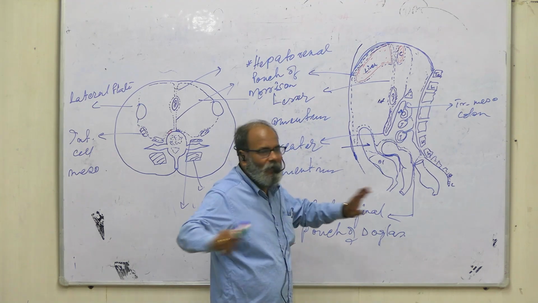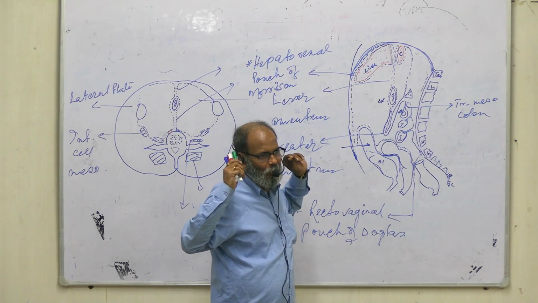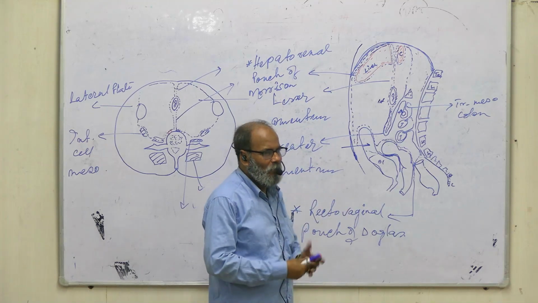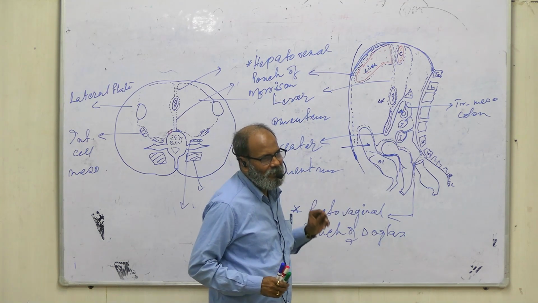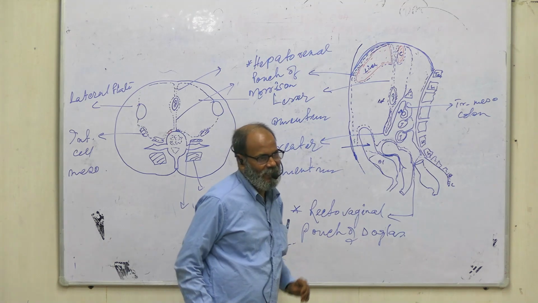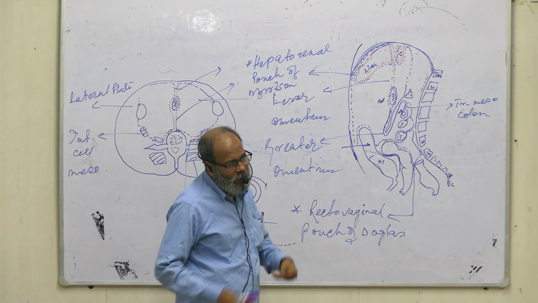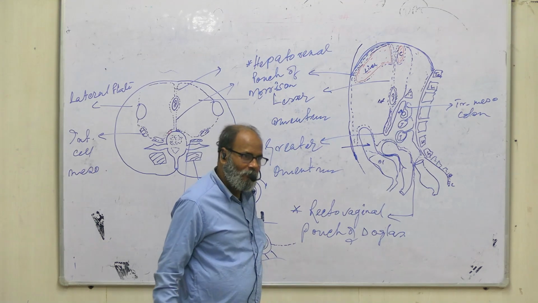So you will not be worried when a patient comes to you with retention of urine. You have to palpate this area to see the fullness, then percuss the area, there will be dullness, then puncture it.